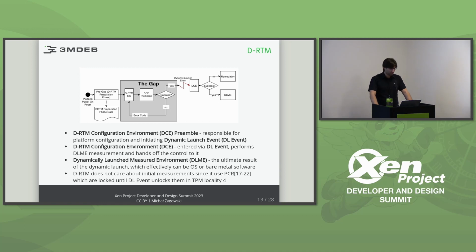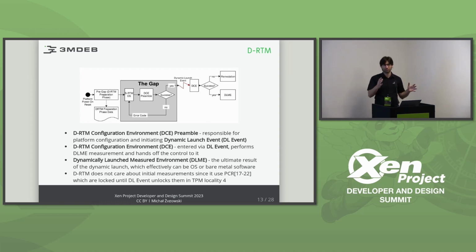In this case, the nomenclature says it is a dynamically launched measured environment. So this is the target software or application we want to ultimately run. What is also very important in DRTM is that it does not reuse the same registers in the TPM to store the measurements. So we have two separate worlds.